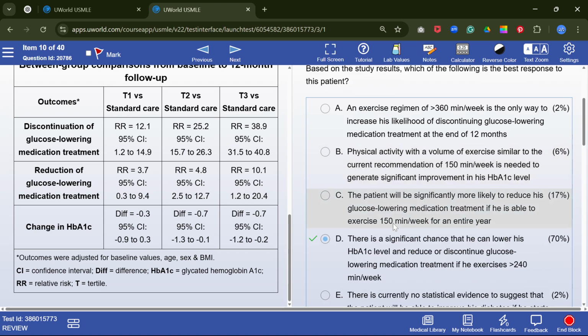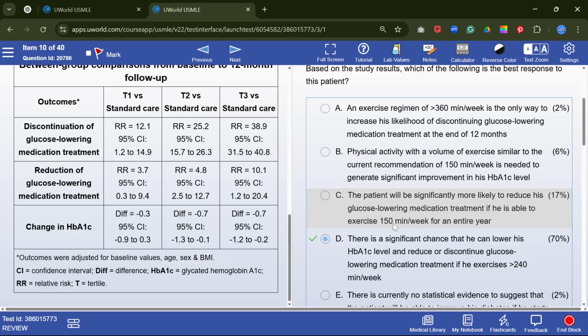Okay, so B: physical activity with a volume of exercise similar to the current recommendation of 150 is needed to generate significant improvement in A1C. Okay, so was the 150 T1, T2, or T3? T1.